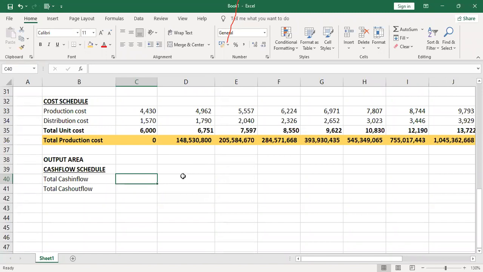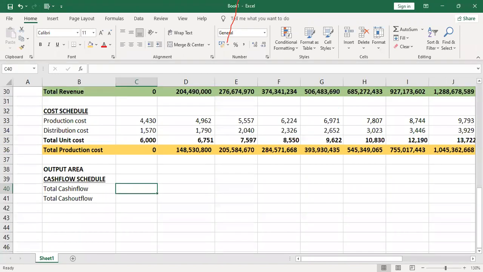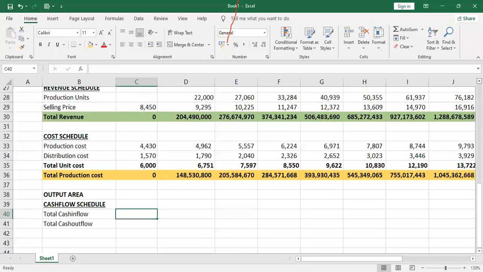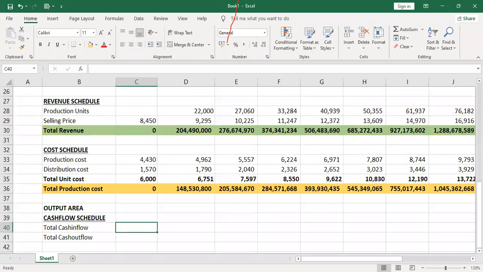Now, what is your total cash inflow in year 0? What constitutes it? Initial outlay. In year 0, is there any inflow?